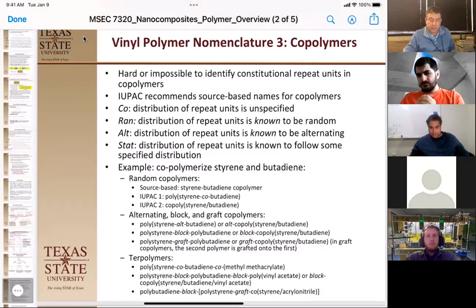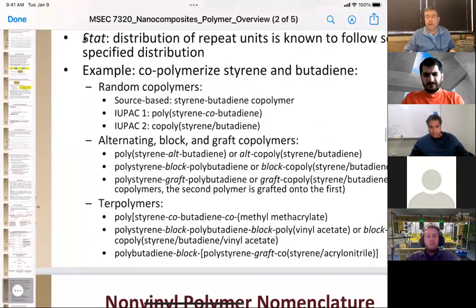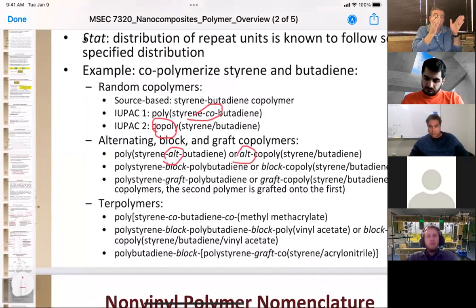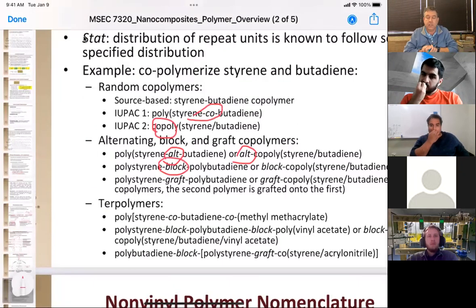So if we look at the different ways to do that, whenever you see co, we really just don't know where the monomers are, or we don't want to worry about whether it's alternating or not. Alternating polymers tend to have different properties, okay? If we know we have a block of one monomer and then a block of another monomer, we call that a block copolymer.